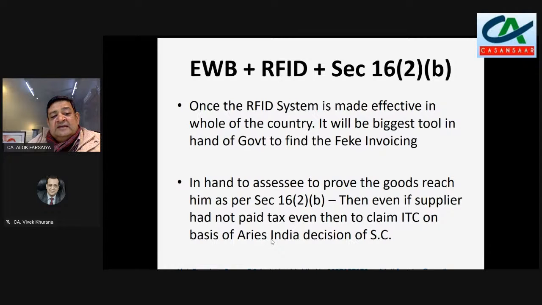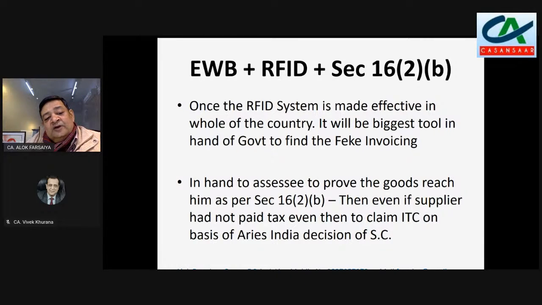When the e-way bill is there, RFID is there, then the entire problem of Section 62B, which says that if you have not received the goods, you cannot claim ITC, that problem is going to be solved automatically, because with the help of my e-way bill as well as the RFID mechanism, even the GSTN is having the evidence that yes, the goods have reached to me. Not exactly to me, but at least in the area where I am situated.